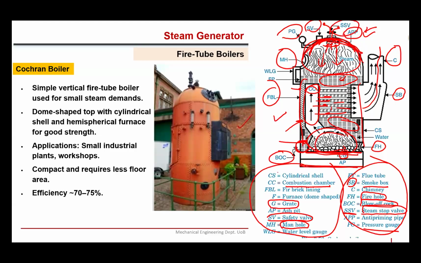This process used to clean the mud and other impurities is called blowing off. This is accomplished with the help of a blow off cock or valve. So this is the construction of an actual fire tube boiler, which is named the Cochrane boiler.